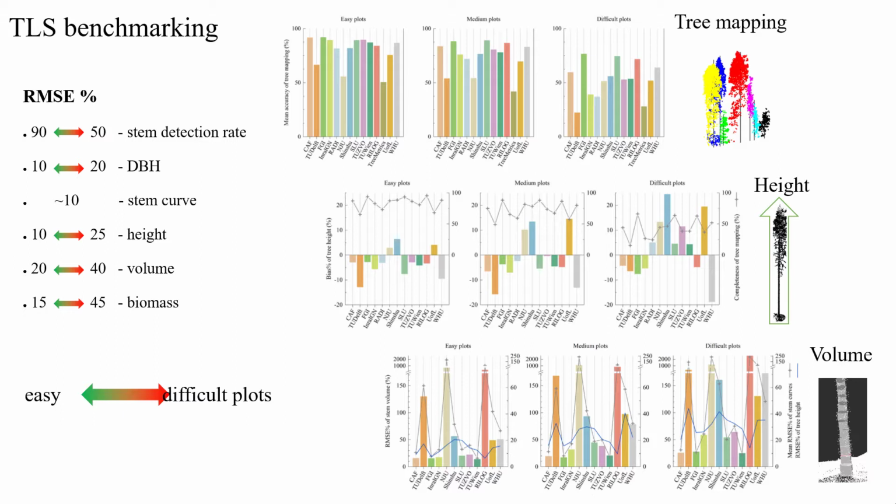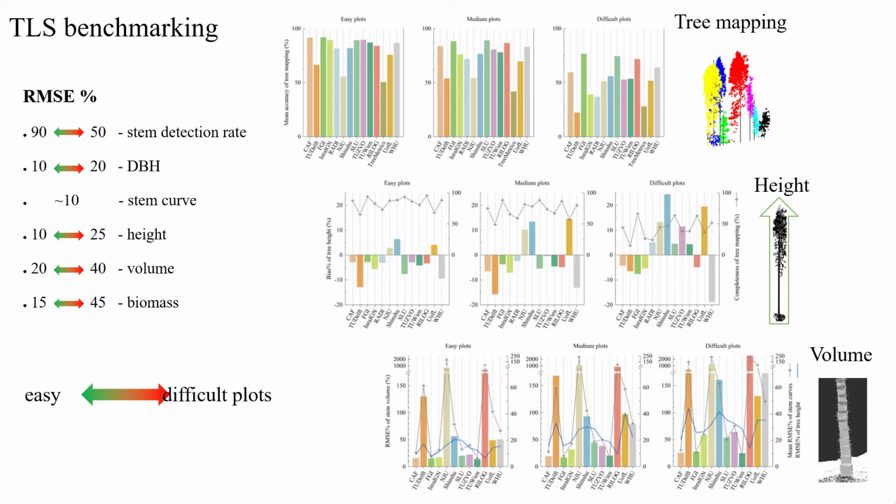And in the best case scenarios for the algorithm application, the algorithms which performed best achieved percentual errors of 10% for stem curve and DBH for the best plots. And for volume and biomass, it was in the range of 20 to 45% of error for estimation. So those are quite high errors for volume, but regarding heights and DBH, the estimates are quite good.